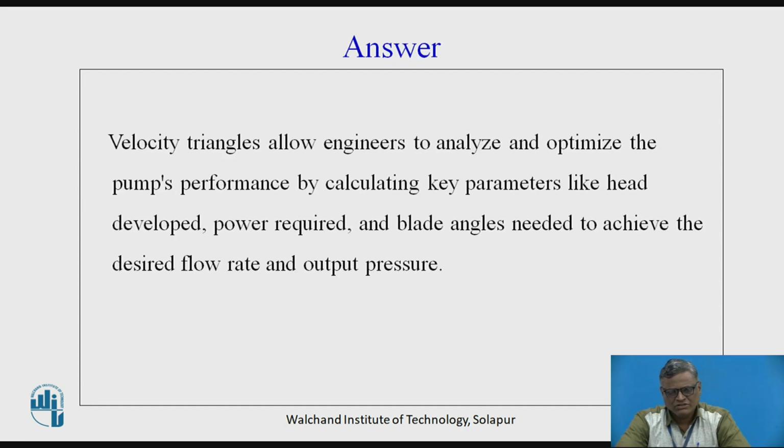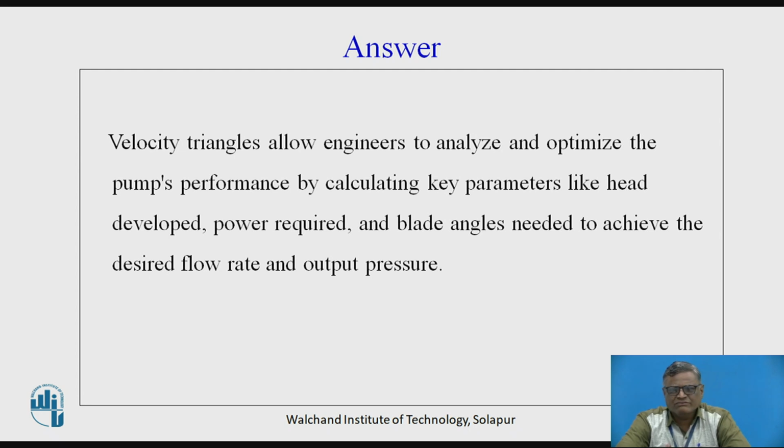So see in what way velocity triangles will help us. Velocity triangles allow engineers to analyze and optimize the pump's performance by calculating key parameters like head developed, power required, and blade angles needed to achieve the desired flow rate and output pressure.